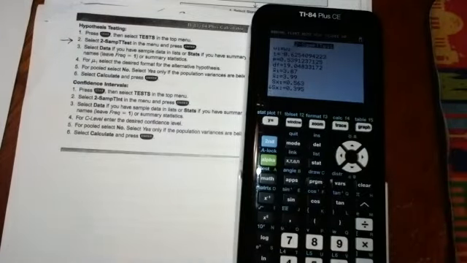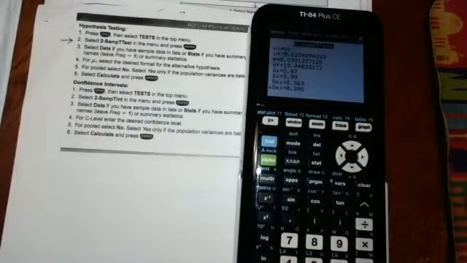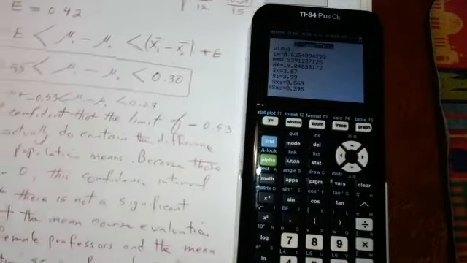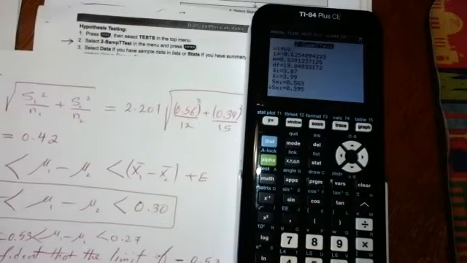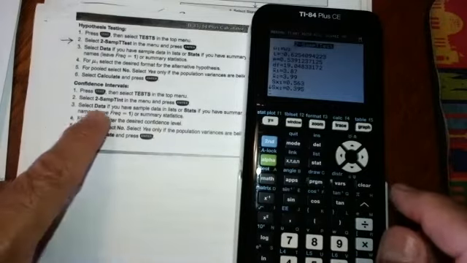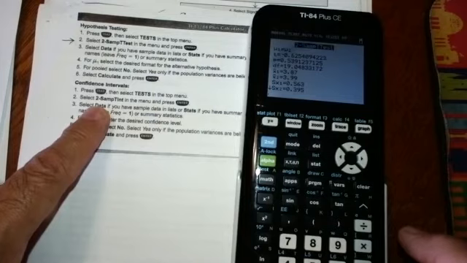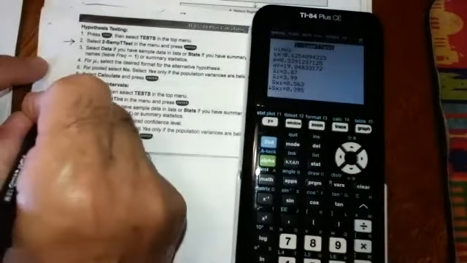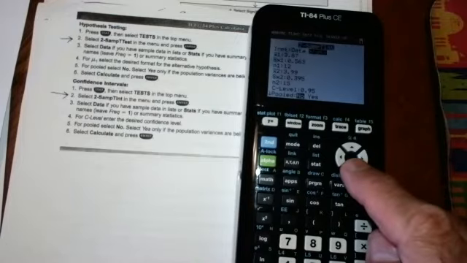Then the second part, to find the confidence interval, go to the 2-sample t interval. The calculator already has your numbers because you used them for the t-value.